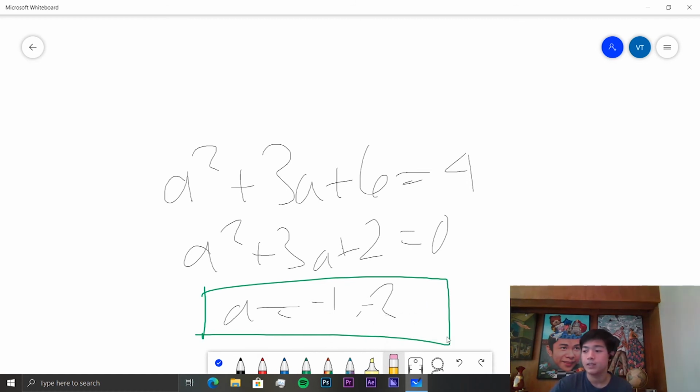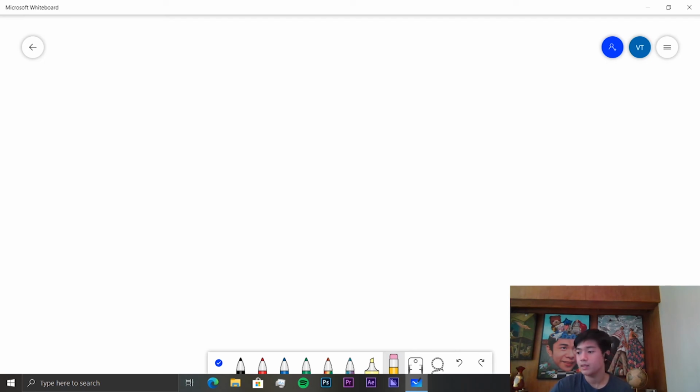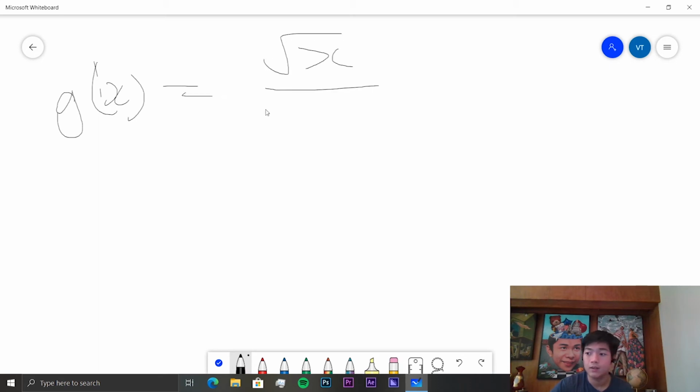Okay, so on to the next question. We need to find the derivative of g of x, which is equal to the square root of x over x squared plus 1, x being greater than or equal to 0.